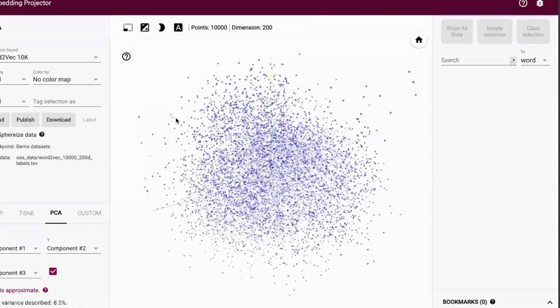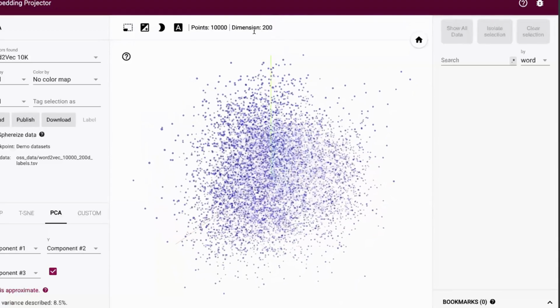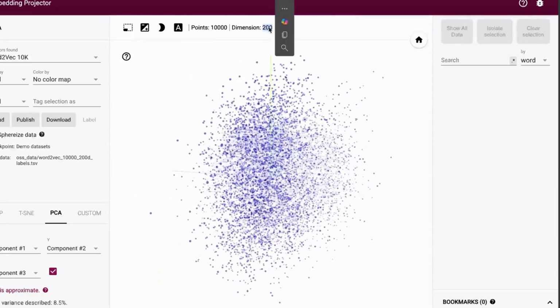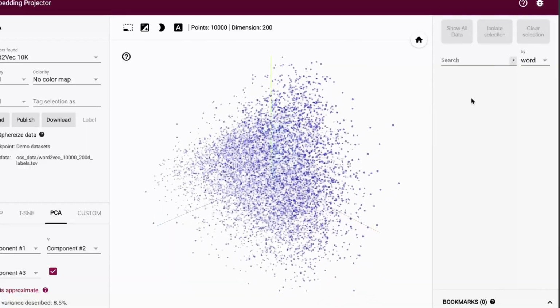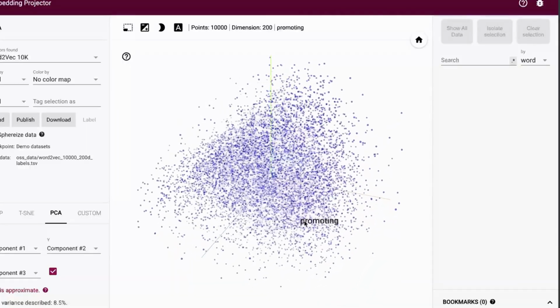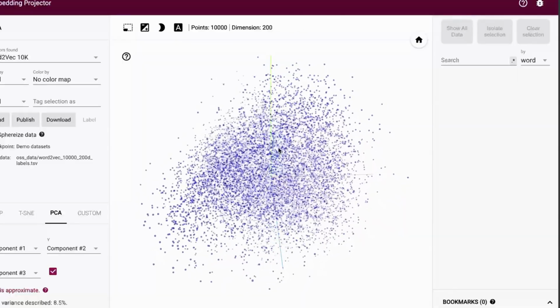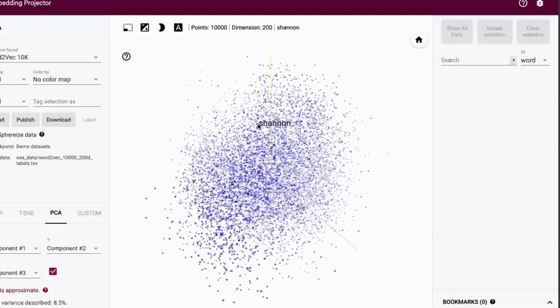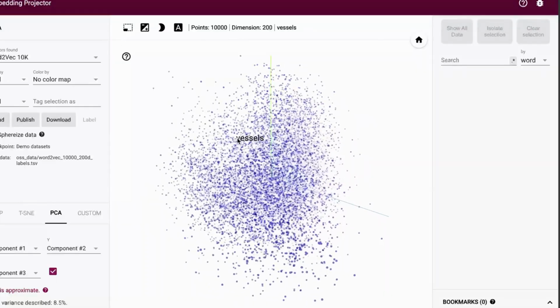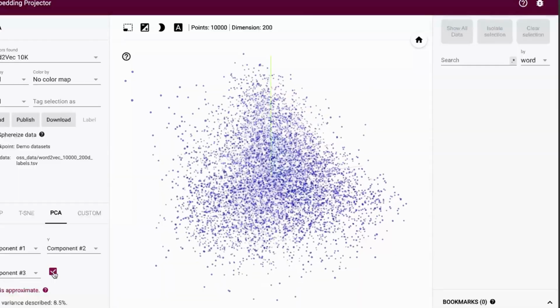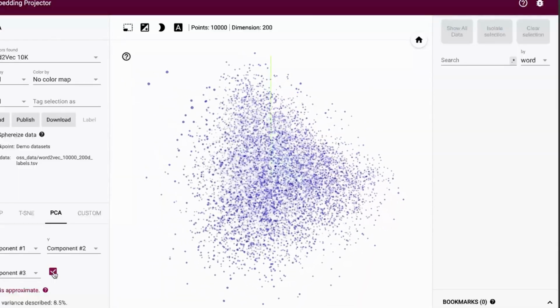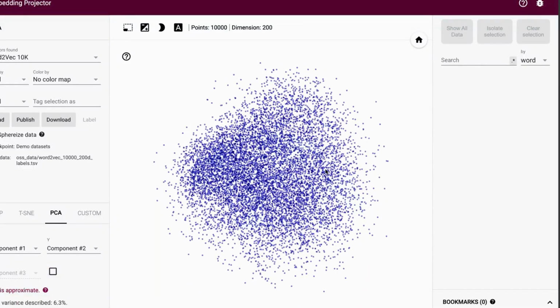This is the one I wanted to show you. If I take 200 dimensions, it's a multi-dimension vector, and this is how they look. See, these are all different words, right? If I take only two components, it's all in two dimensions, and this is how they are seen.